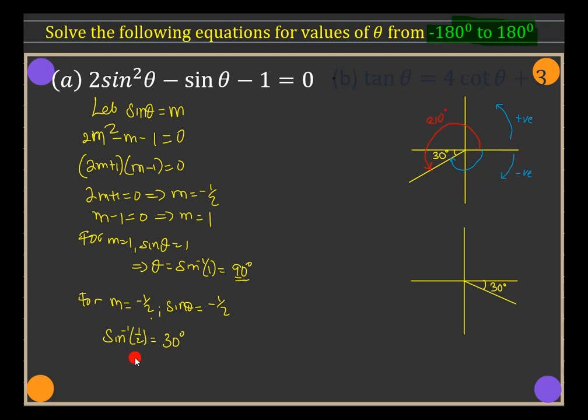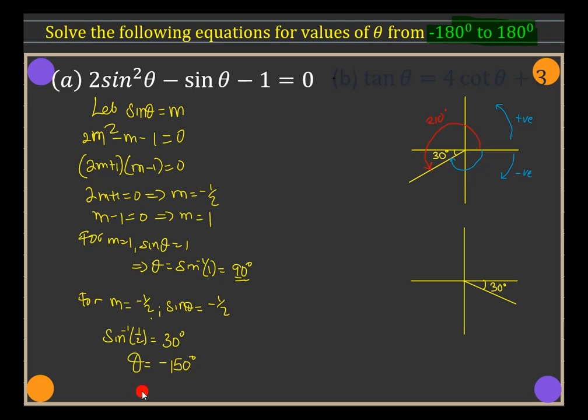We now have that the value of theta itself is negative 150 degrees from this one here. Instead of 210, which is outside the range, we are preferring to write negative 150.